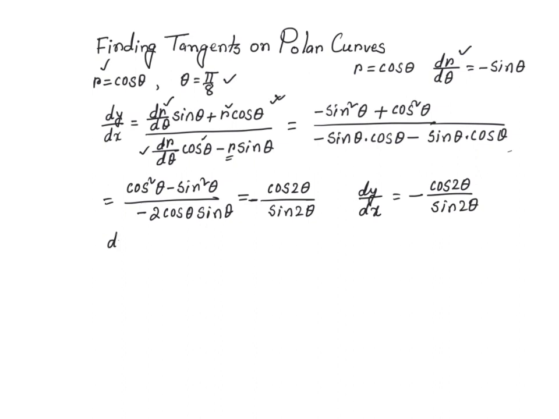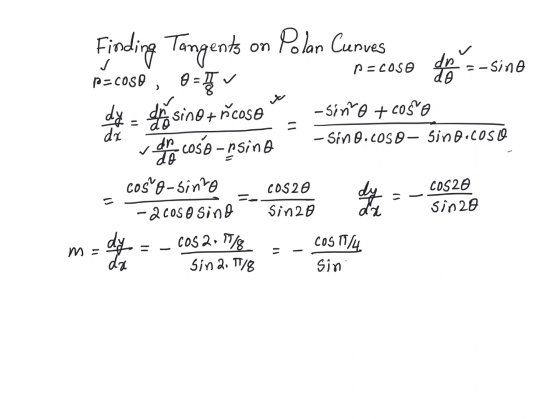So dy over dx, or the slope or tangent, is going to be equal to negative cosine of 2 times pi over 8 divided by sine of 2 times pi over 8, which is going to give me negative cosine of pi over 4 divided by sine of pi over 4.